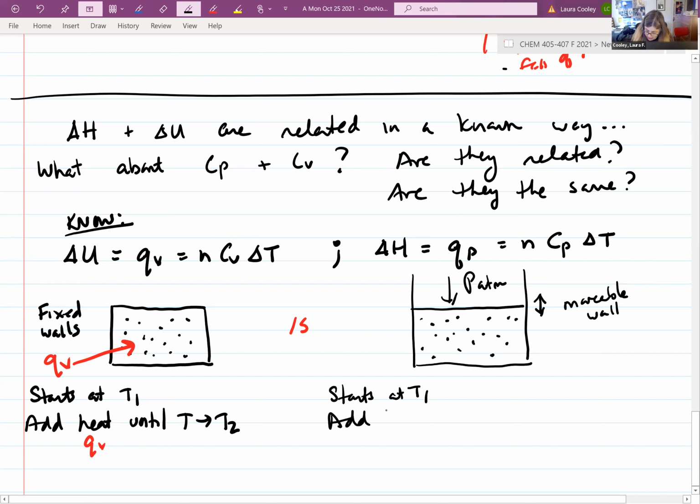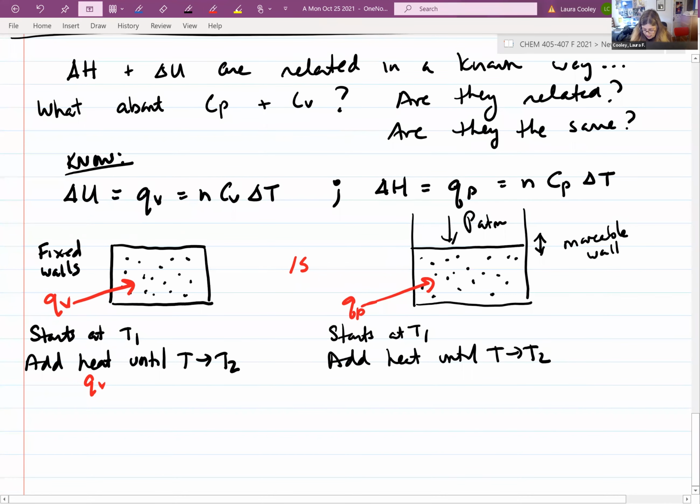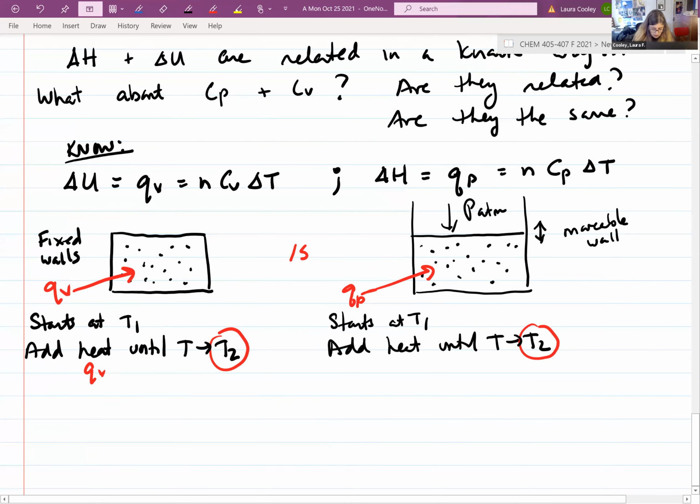I'm going to add heat QP until the temperature becomes T2. We want the same temperature change here. So the question is, which of these processes would require more heat, or is it the same amount of heat?